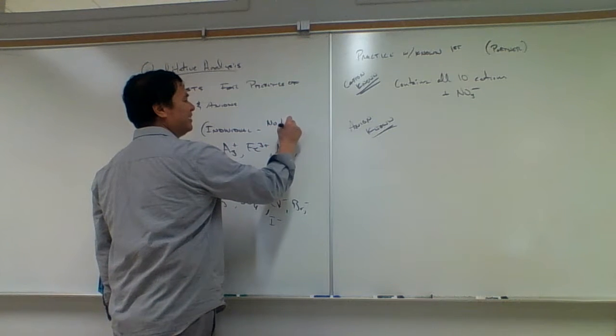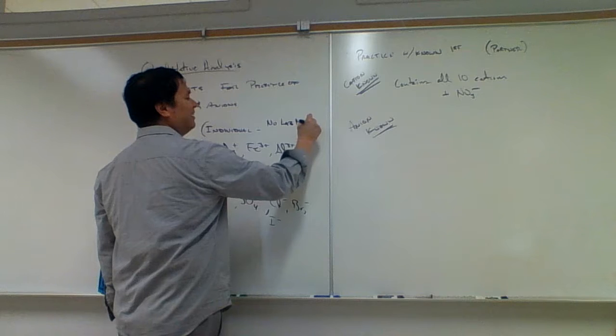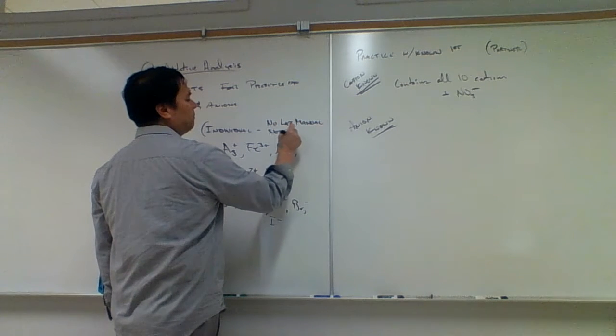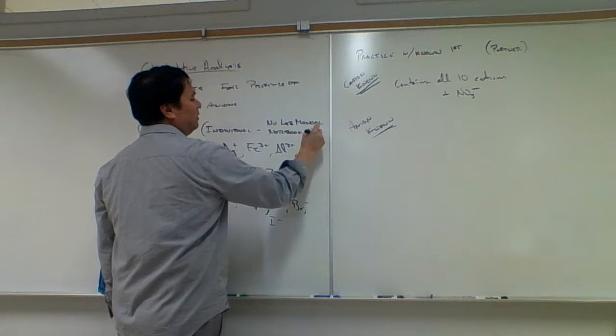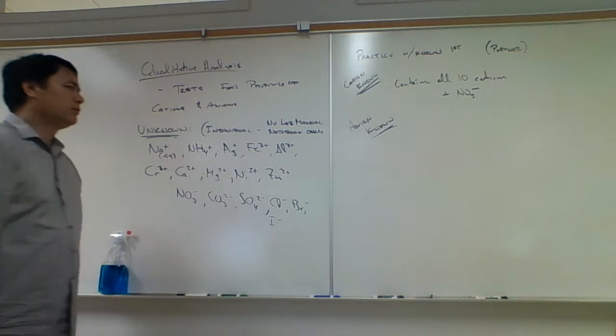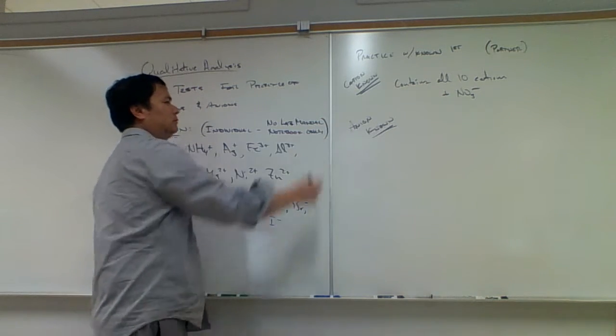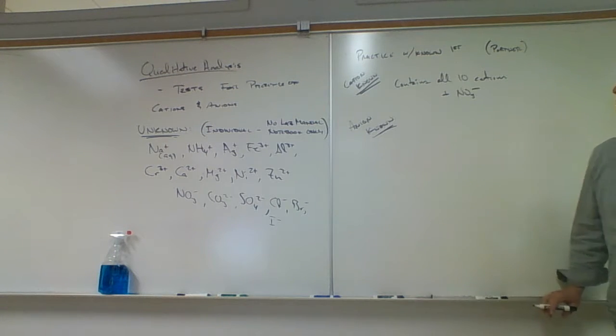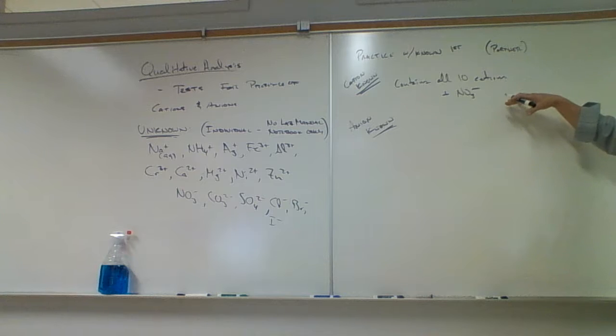So let me write that here. No lab manual, notebook only. Of course, you could write whatever you want in your notebook, but that's it. And so we're going to go through the cation known solutions, and then make sure we understand those.